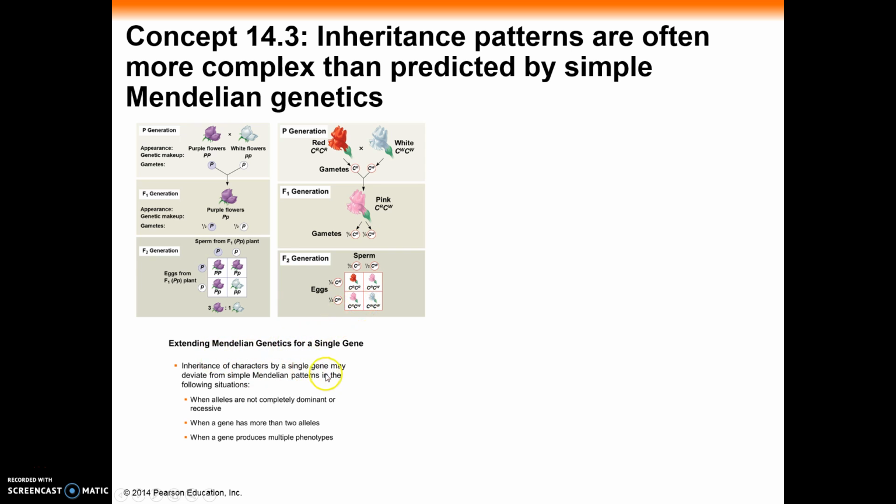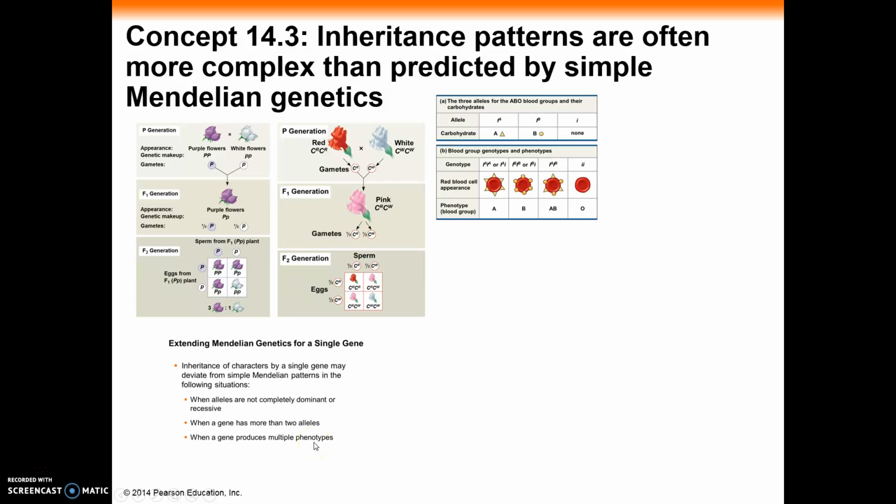So we can extend these patterns to deal with the scenario of when we have non-completely dominant genes or non-completely recessive. We might also need to adjust this to multiple alleles or to multiple phenotypes from a single gene.